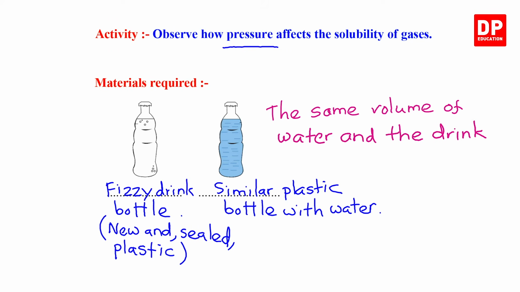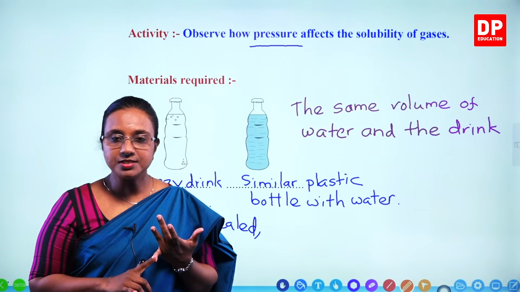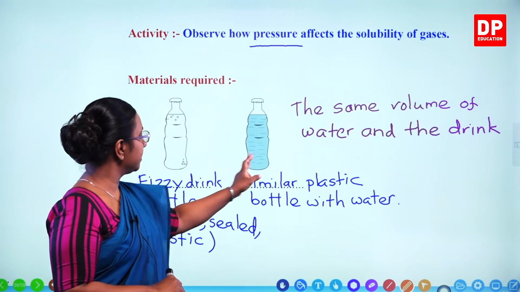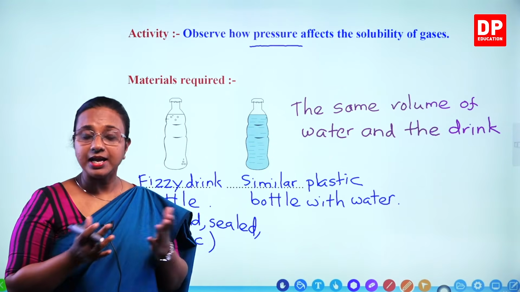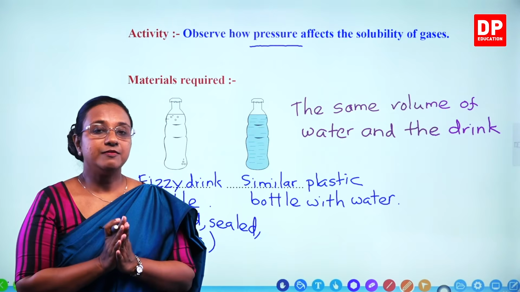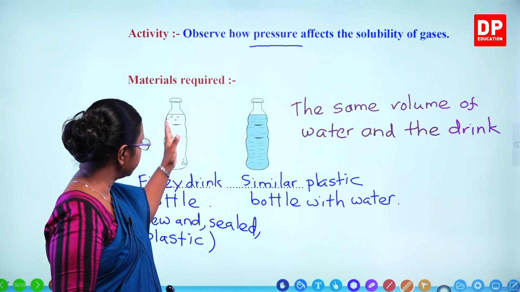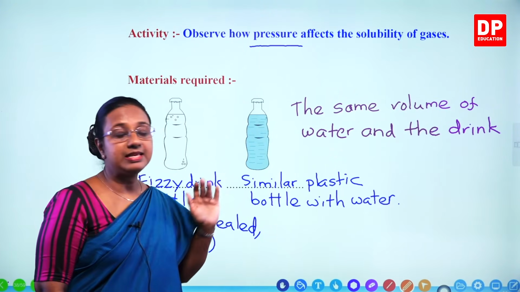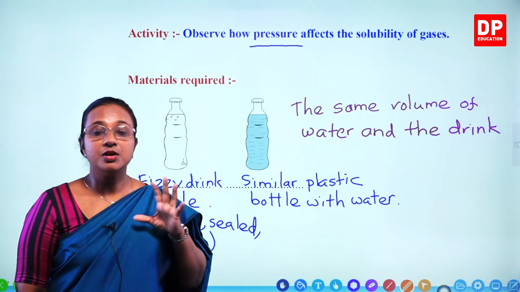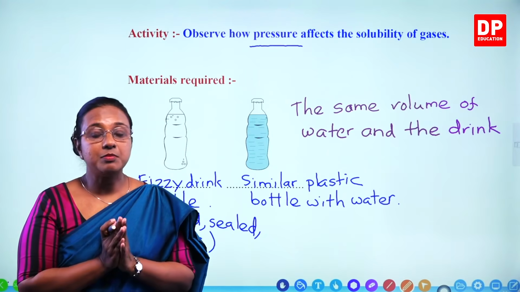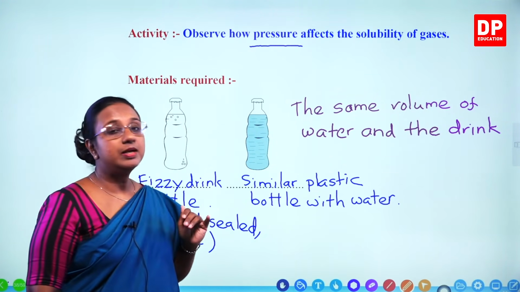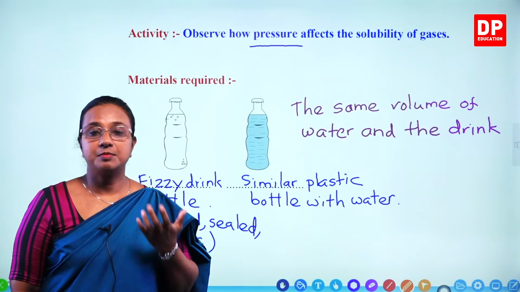So here we maintain the volume constant, the temperature is the same and we use similar or almost identical plastic bottles. So the only difference is that this is a new bottle and this is an open bottle. As you know, students, normally the sealed bottle has high pressure and an open bottle has less pressure.